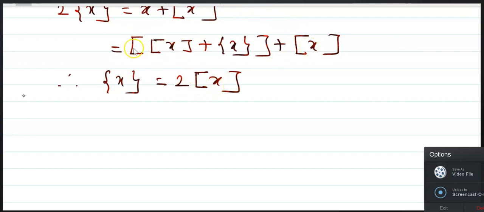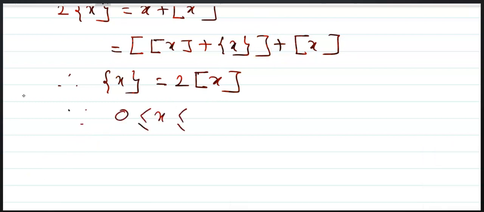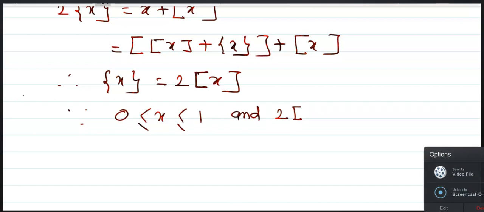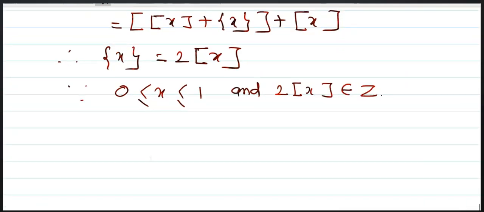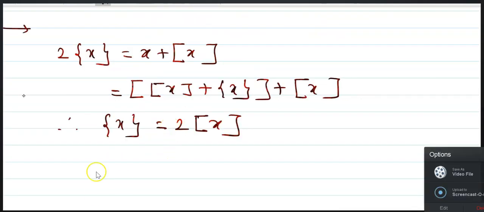This bracket you don't take as an integral part. Now see this step again: 2 times the fractional part of x is equal to 2 times the integral part of x plus the fractional part.